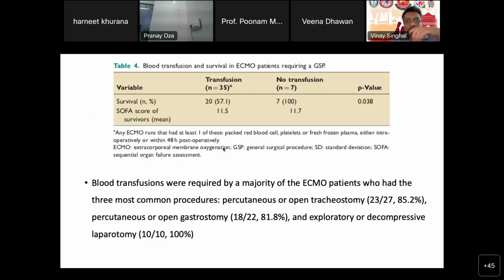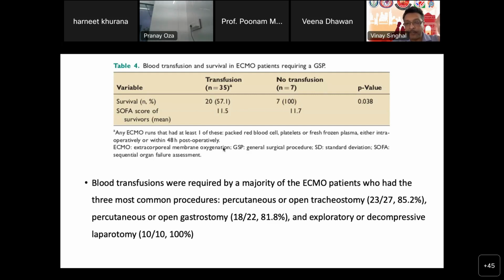These patients also required more blood, and more transfusions were associated with this, with almost similar SOFA scores in these patients.